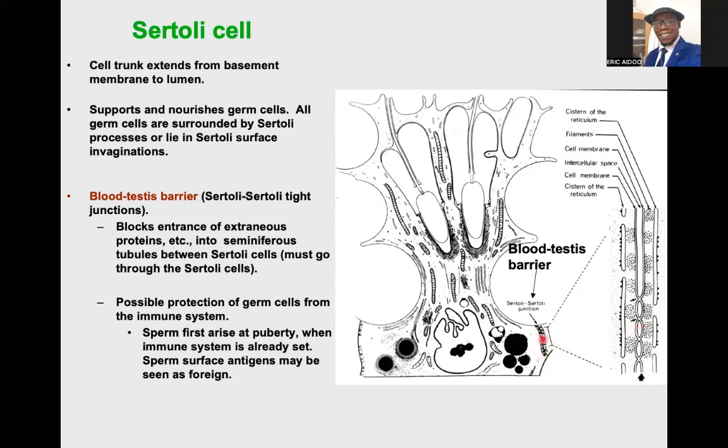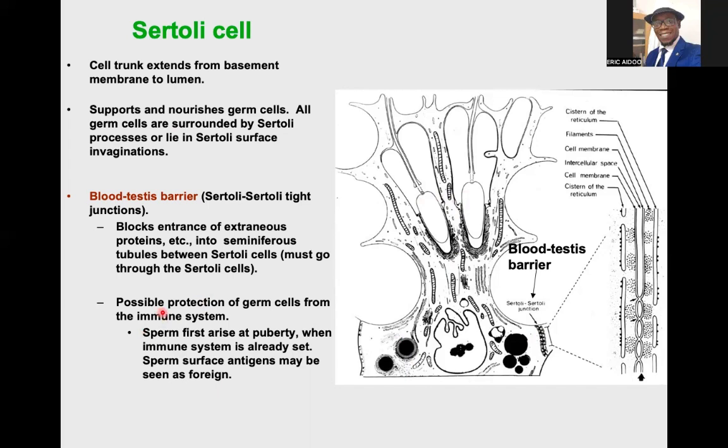You can see here the Sertoli tight junctions, which actually help block the entrance of extraneous proteins into the seminiferous tubules. Anything that has to get to the sperm has to pass through the Sertoli cells. So the Sertoli cells will check; you can't just come and have any involvement with the developing sperm.